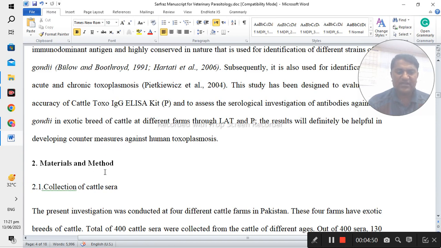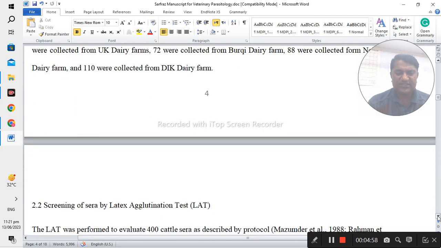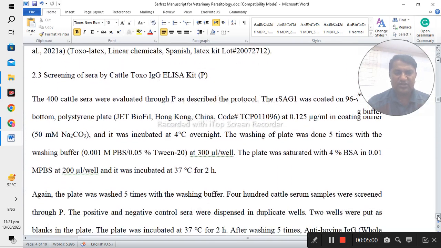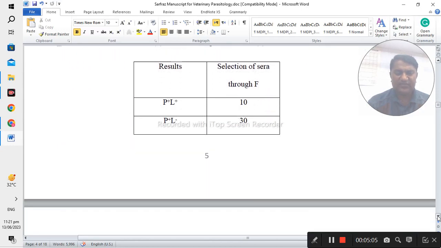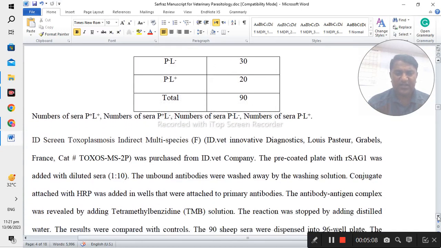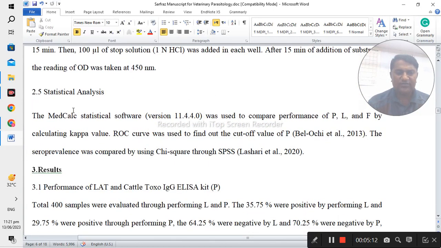Next is the material and methods, and in this section you can see the collection of cattle sera, and different types of short headings in the material and methods. You can also see tables and figures. The last heading of the material and methods should be statistical analysis, and it is most important to state which statistical tool you have applied in your research.